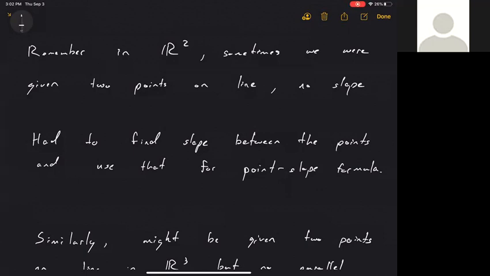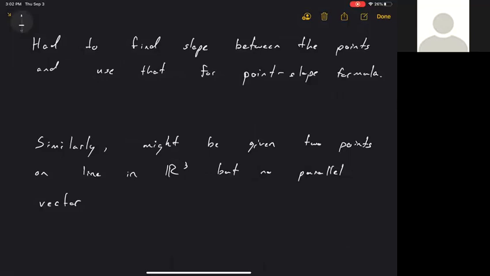Okay, so maybe we're not going to be given a vector parallel to our line. Maybe we're going to be given 2 points on the line, but no parallel vector. The first thing we have to do is find a parallel vector.